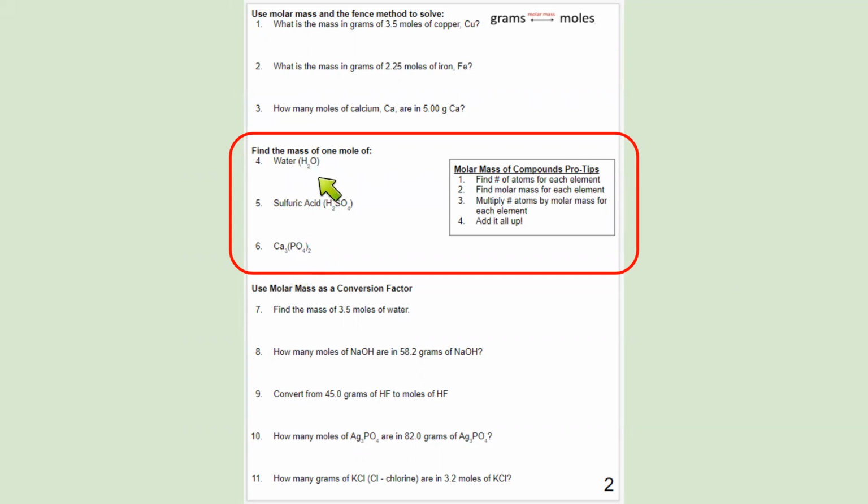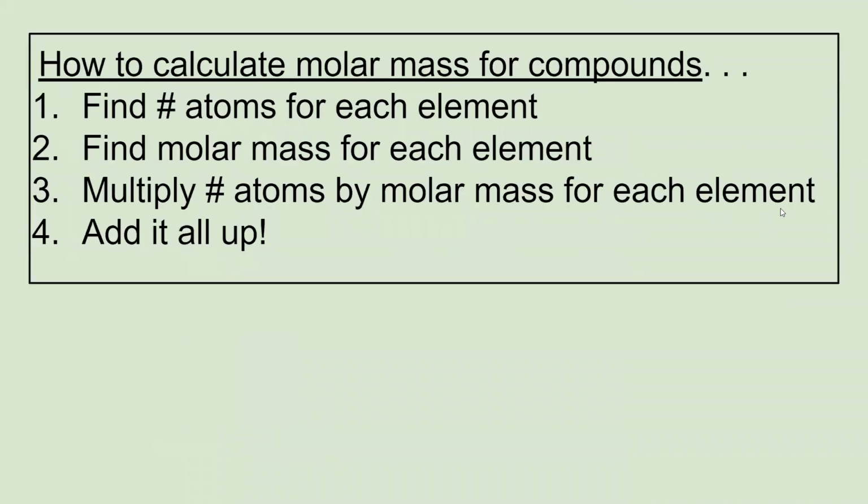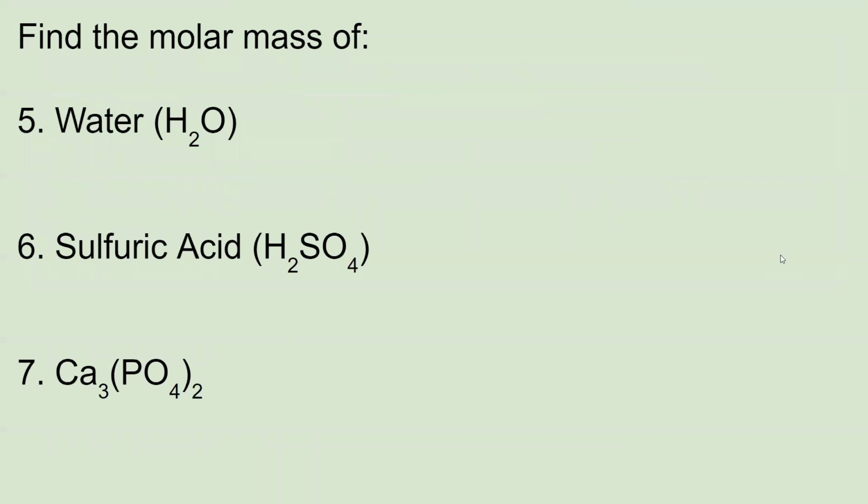It gives you the formula. Follow your steps. Okay, they're right here. And I'd like you to find the molar masses of each of these. Probably I'll have you guys pause the video. So please pause the video right here. So then you can replay or push play and then we can go on after you've attempted these. Okay, pause the video.